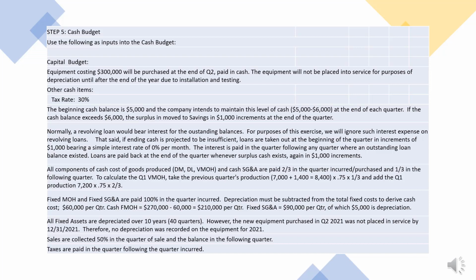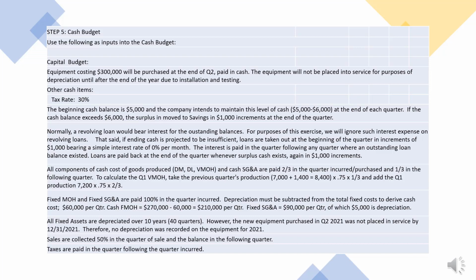The fixed SG&A is $90,000, of which $5,000 is depreciation. So we will only have cash fixed SG&A of $85,000. All fixed assets are depreciated over 10 years, that is 40 quarters. However, the new equipment purchased in Q2 2021 was not placed in service by 12/31/21, so no depreciation was recorded on the equipment for 2021.